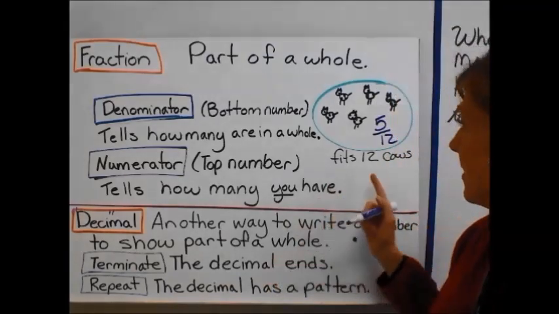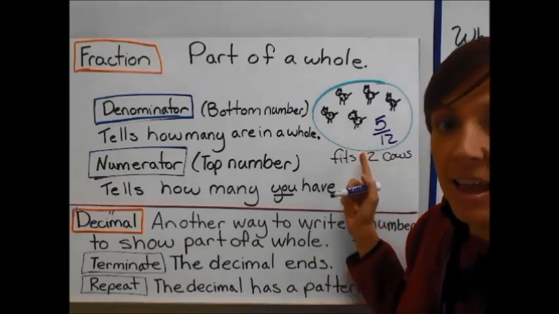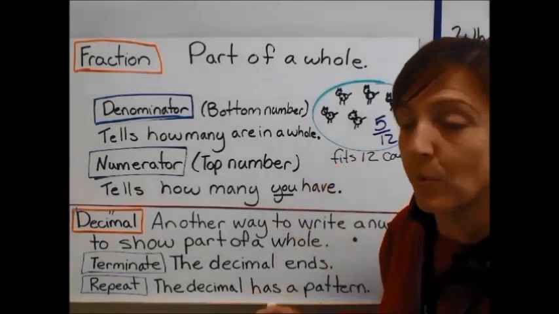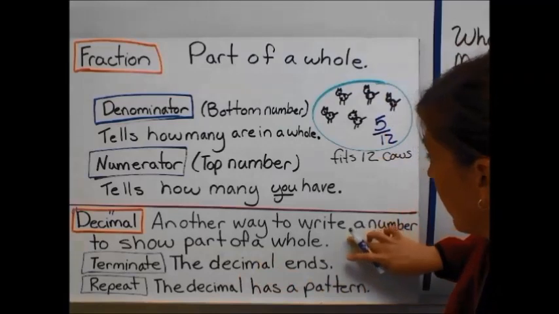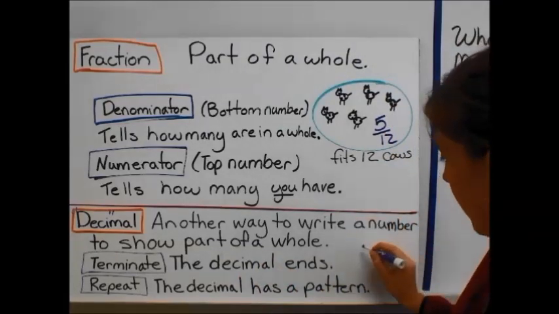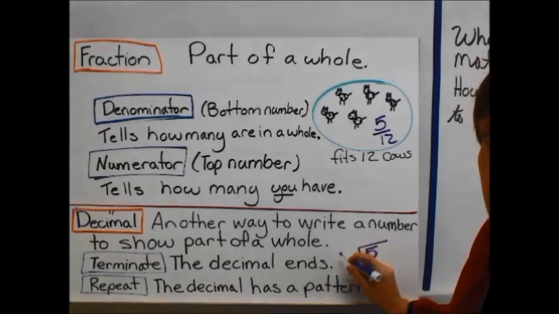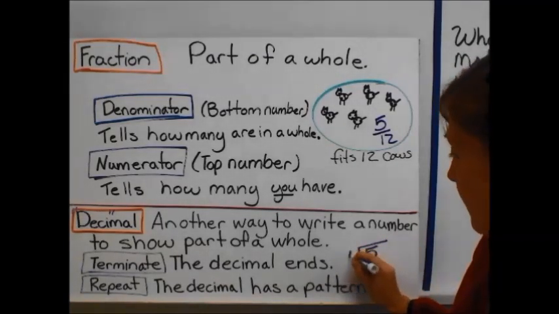Let me give you an example here. Let's take 5/12 and let's change it into a decimal number real quick. The way that you change a fraction into a decimal is you put the top number in the house, you tip it over and divide it out.